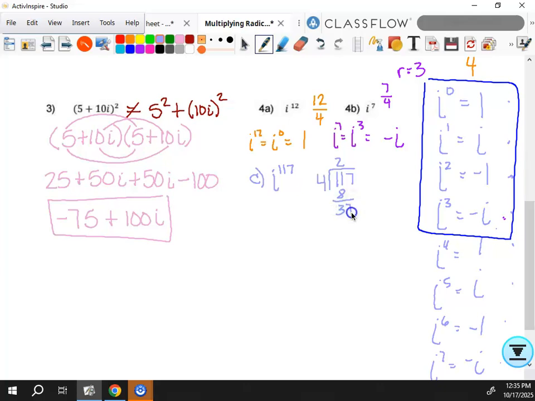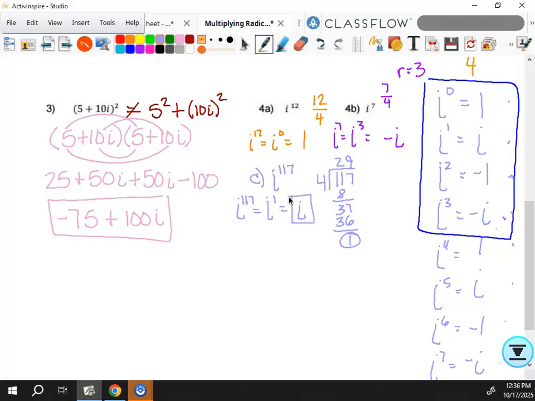That gives me 37. 4 goes into 37 how many times? 9. That's 36. So that 29 doesn't mean anything. What I'm looking for is my remainder, which is 1. That means that i to the 117th power is equal to i to the 1st, which is just i. Okay, do you see how you get the repeats out of there? You're just understanding a pattern. That's all we're doing.